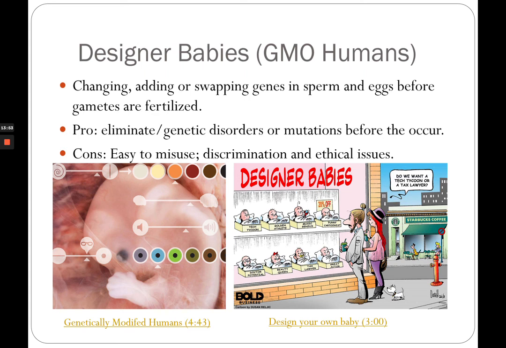But history has shown that humans tend to use science for terrible things, or at least they can, and when they can, sometimes they do. So the con is, this kind of technology would be very easy to misuse. You might have discrimination and ethical issues.